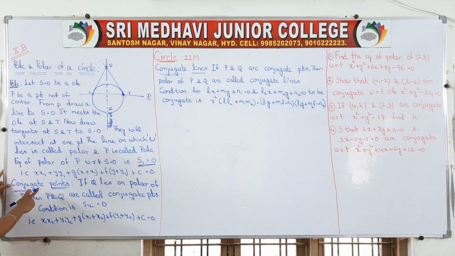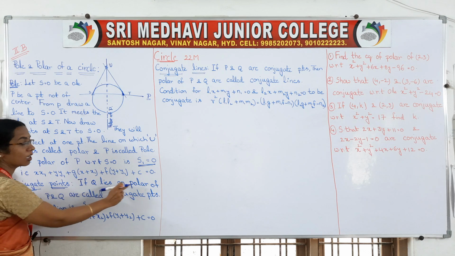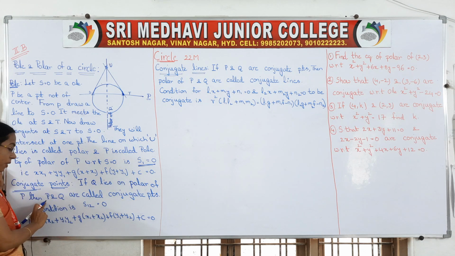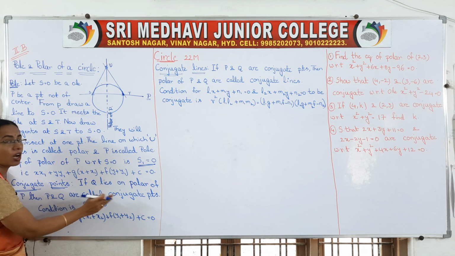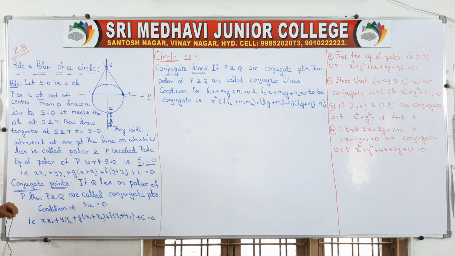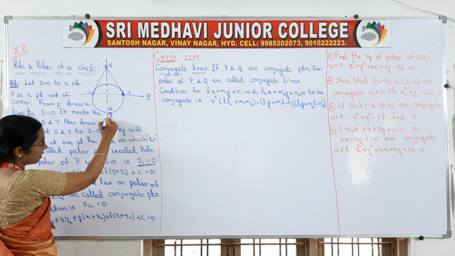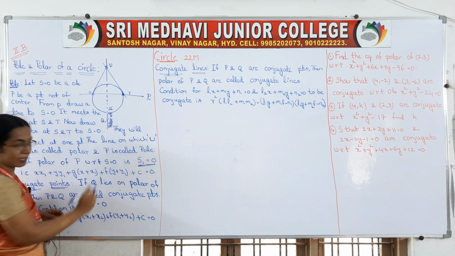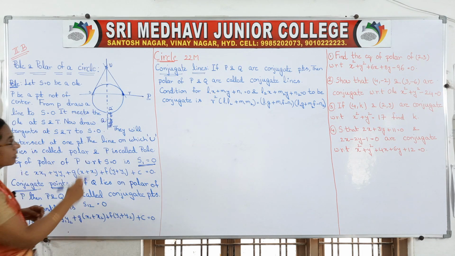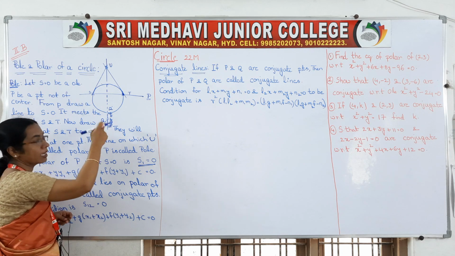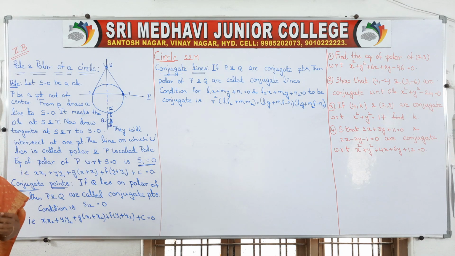Next, we come to the definition of conjugate points. What are the conjugate points? If Q lies on polar of point P, then P and Q are called conjugate points. So this is the polar of P. Somewhere here, suppose your point Q lies on the polar of P, then P and Q are called conjugate points. New definition, conjugate points.